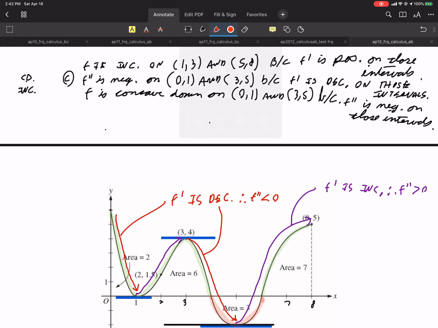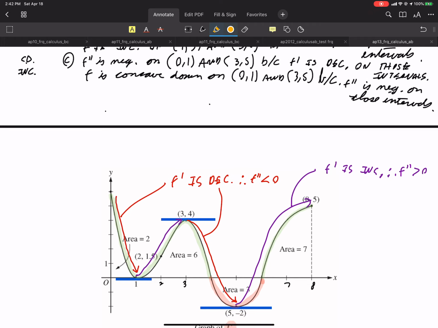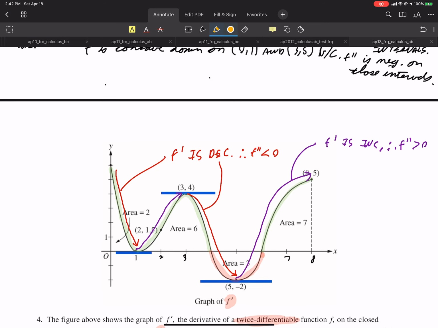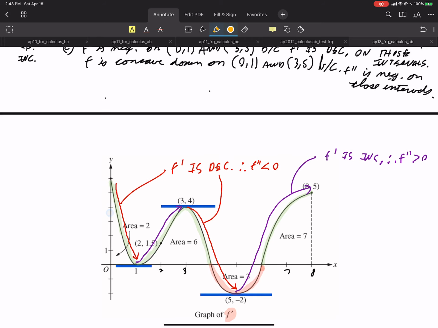So I'm going to pick a new highlighter color, orange. Where do we see both increasing and concave down? Well, in this region, we have concave down and we have increasing.